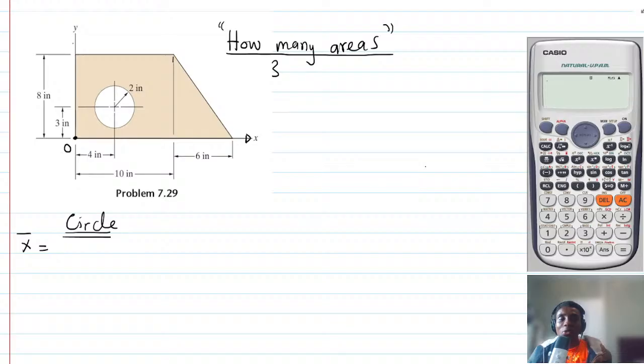If I ask you to find the y bar of the circle, it simply means walk along the y axis till you get to the center of the circle. Now the center of the circle is here. So what is the distance from the origin along the x-axis to the center of the circle? Anyone to help us? What is the answer?